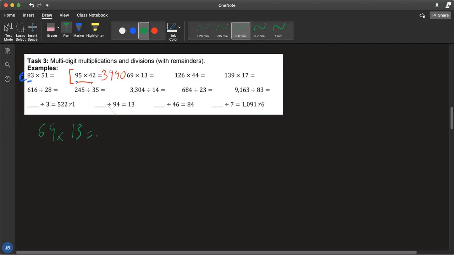We have to first do the 9 times 3, which is 27. So just write the 7. The 2 is going to be. So you want to stack them on top of each other like this? Mm-hmm. Okay. What if we did the distributive property again for this one? So it's 69 times 10 plus 69 times 3.